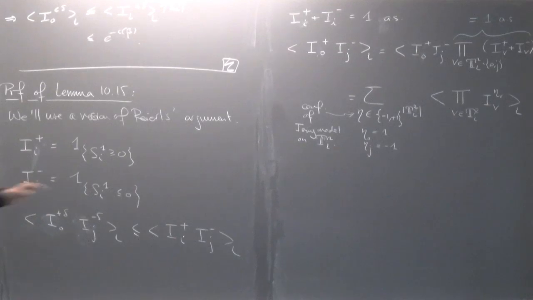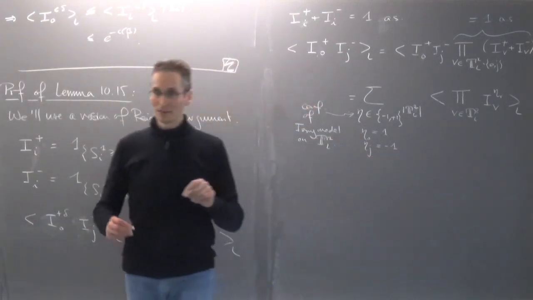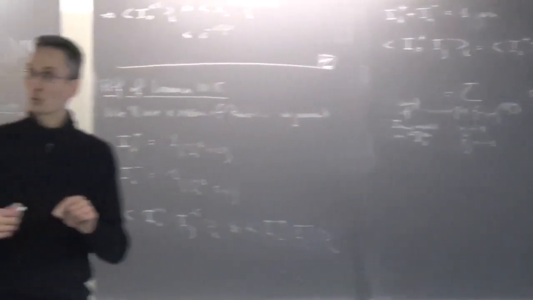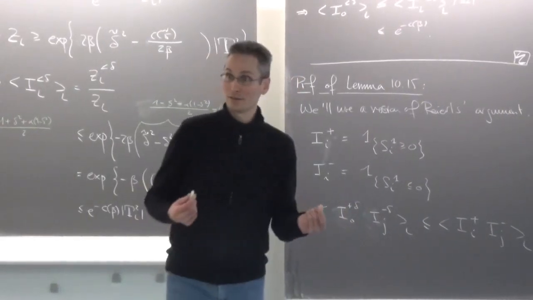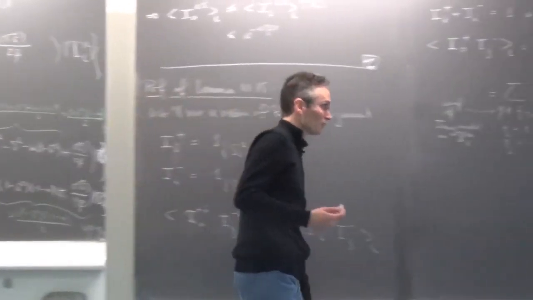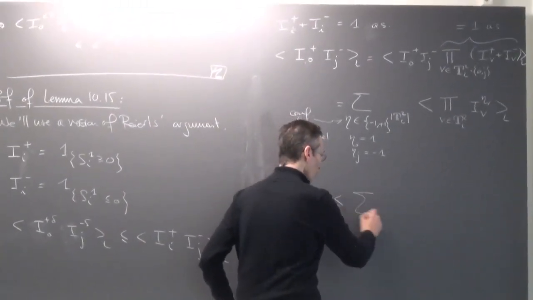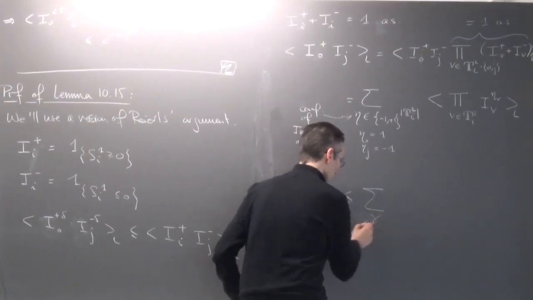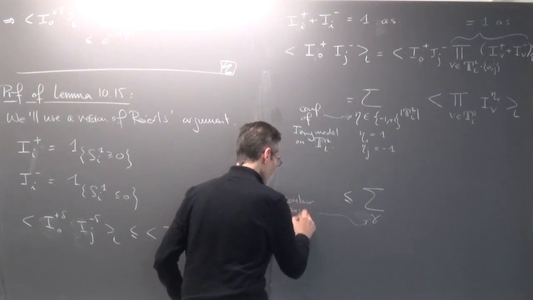Now, if I know that I have a 1 at 0 and a minus 1 at j, then I know that I can look at the contours of the Ising model, and there must be a contour separating 0 and j, exactly what we did for the Peierls argument in the two-dimensional case, on Z2. Right? So we know that this should be smaller than the sum over all gamma, and this sum is over contours separating 0 and j.